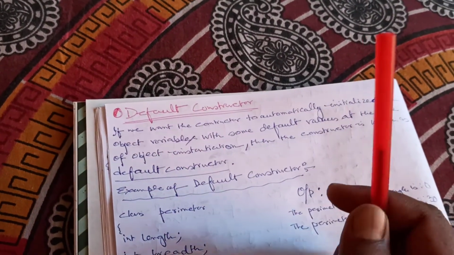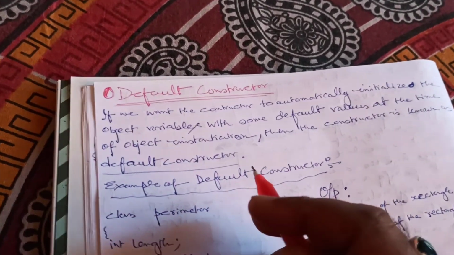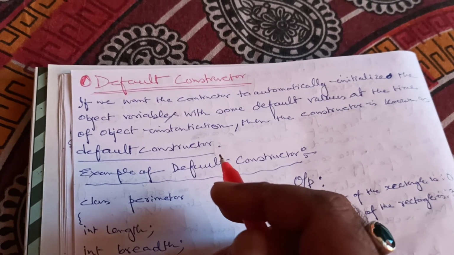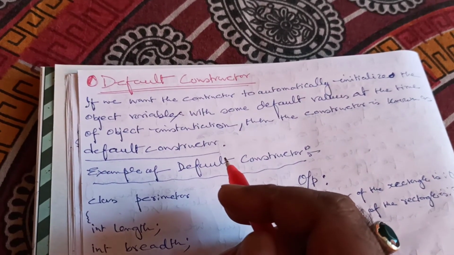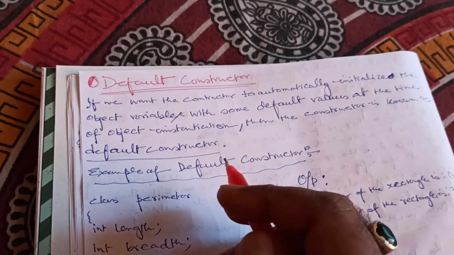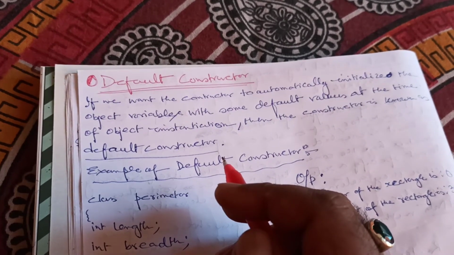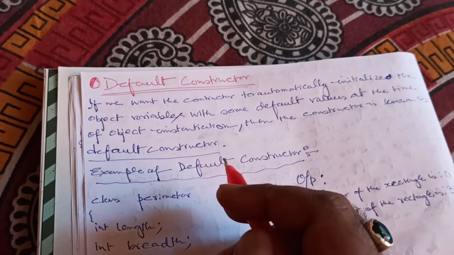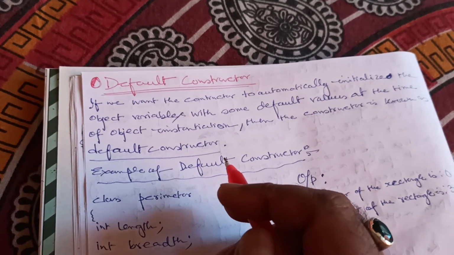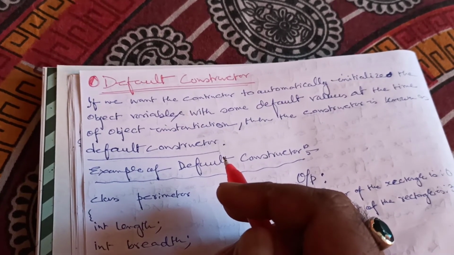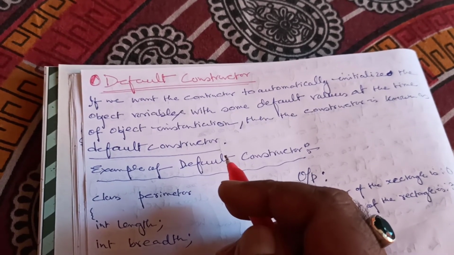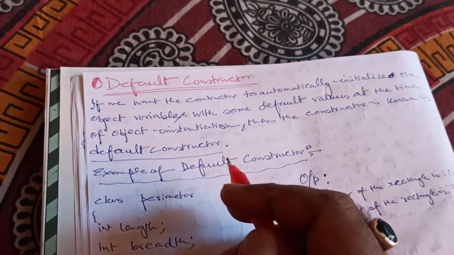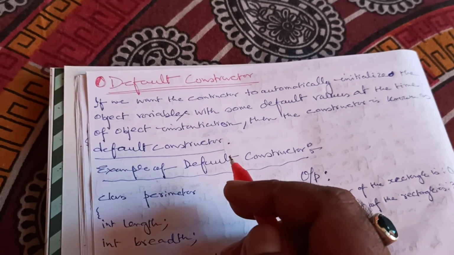So the next topic is default constructor. First we will go to the definition. What is a default constructor? If we want the constructor to automatically initialize the object variables with some default values at the time of object instantiation, then the constructor is known as a default constructor. Have you understood the definition?